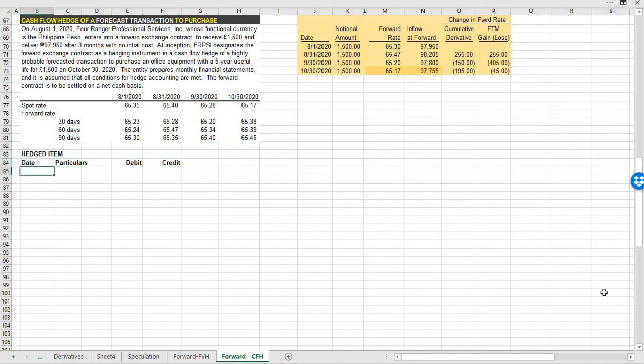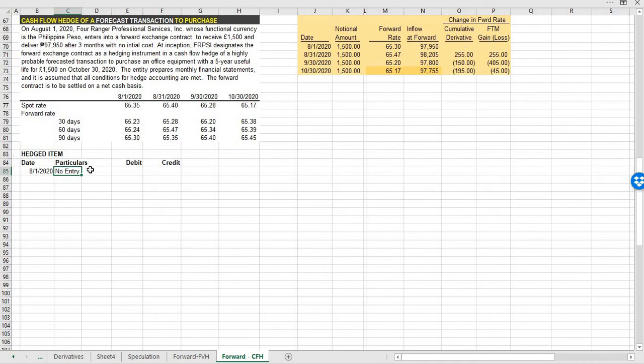So sabi nga natin, on August 1, 2020, wala pa tayong journal entry for the forecasted transaction. Ang ating journal entry lamang for the forecasted transaction will be on October 30, 2020, the date of the actual purchase transaction kung bibili tayo ng ating office equipment.